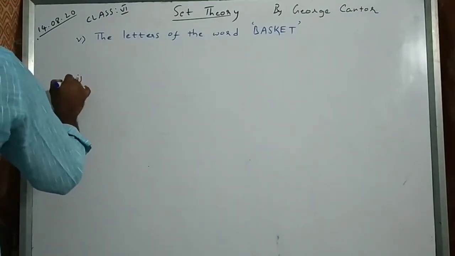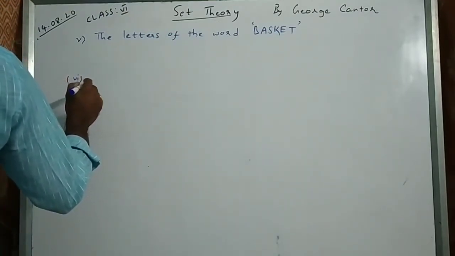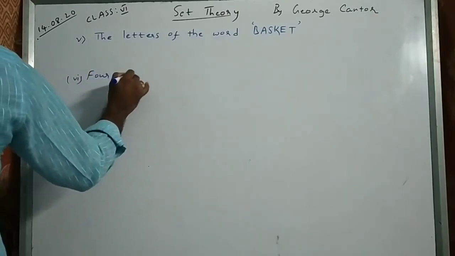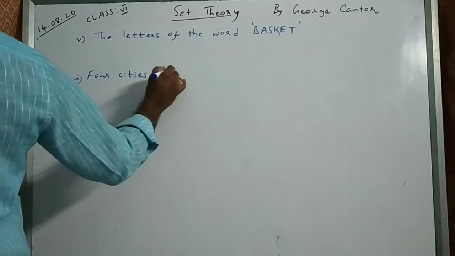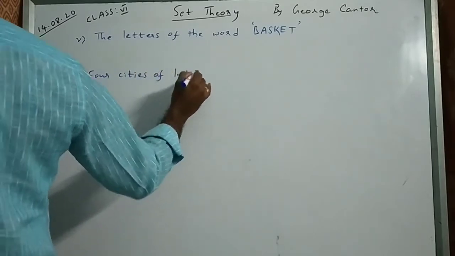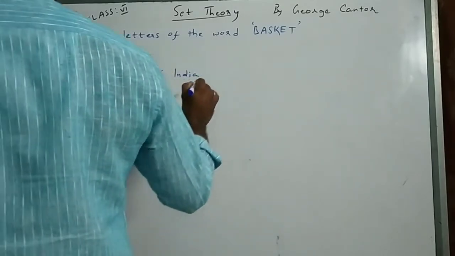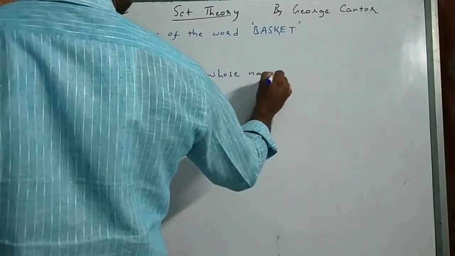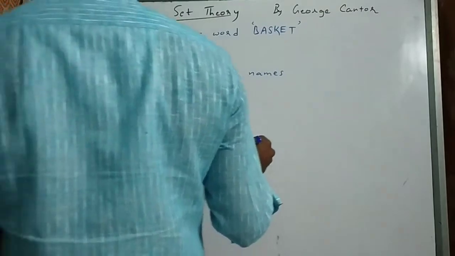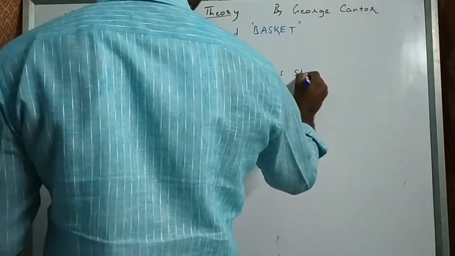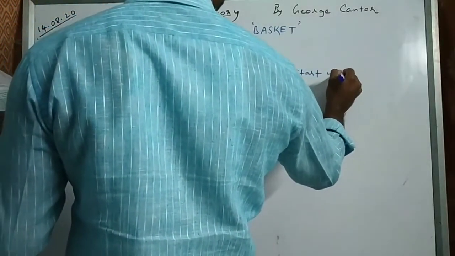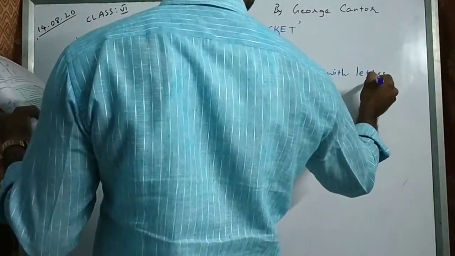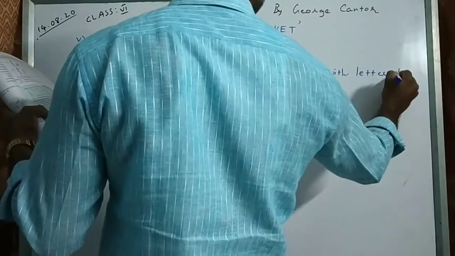Sixth one, 4 cities of India whose names start with the letter J. Now we are giving all description forms with the letter J.